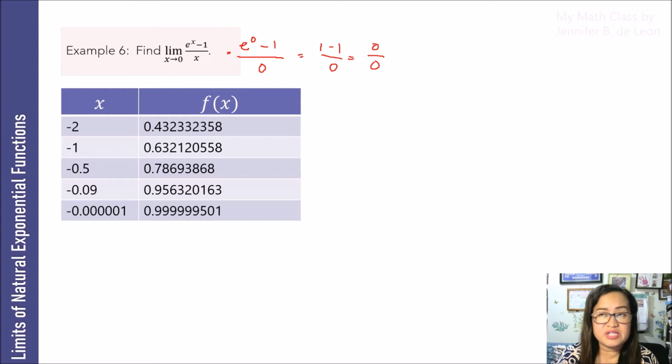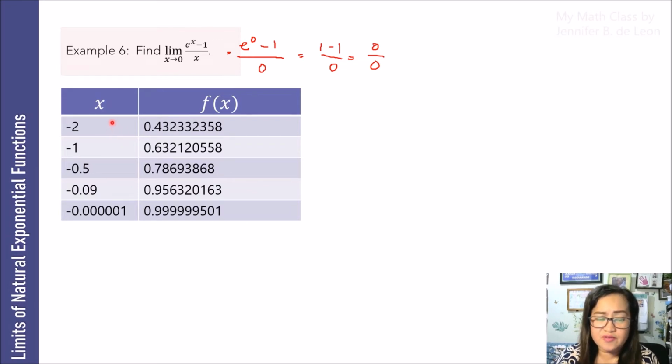That means we have to choose negative numbers for x. So let's say we have negative 2, negative 1, negative 0.5, negative 0.09, and so on. And here on the second column are the values of f of x accordingly. Now study the values of x and f of x.